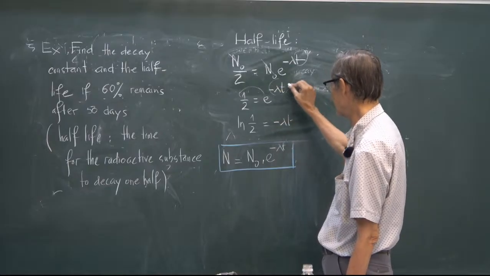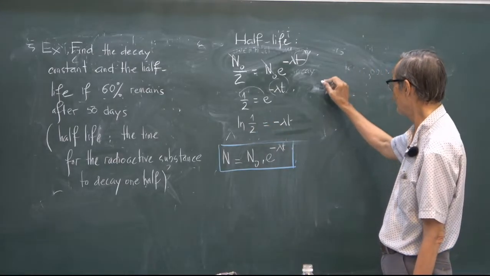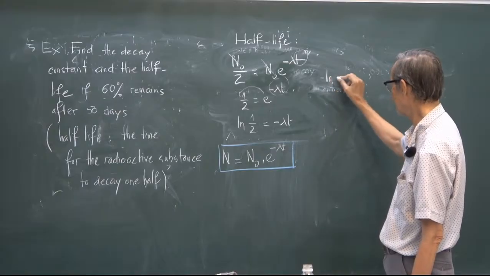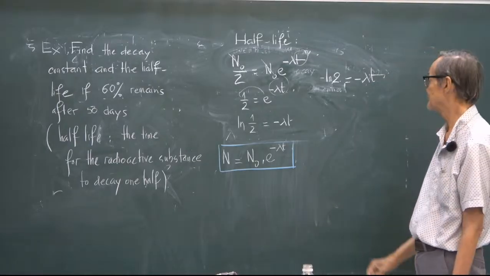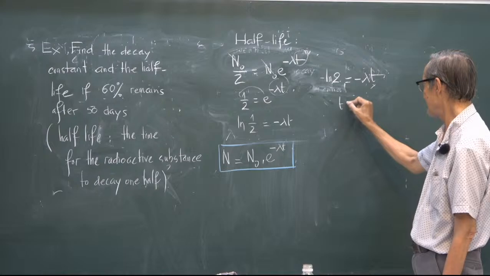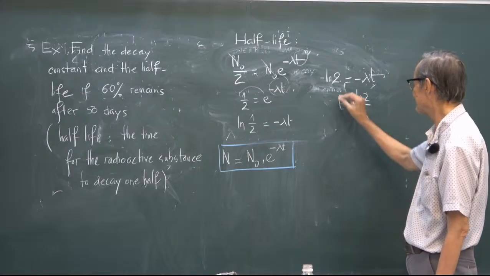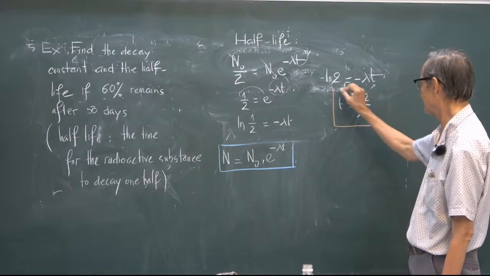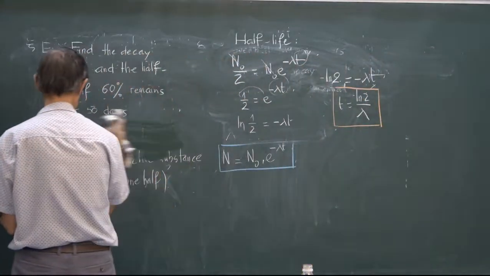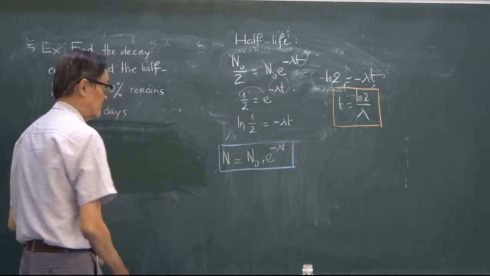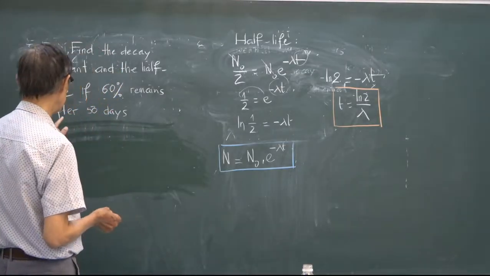We write this, and natural log of 1 over 2 is minus log 2. Okay, and t equals log 2 over lambda, half-life. Time for a radioactive substance to decay 1/2 is called half-life.